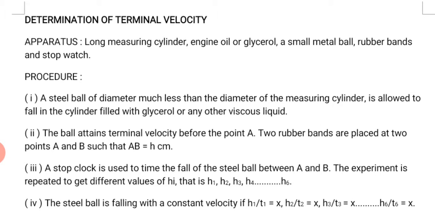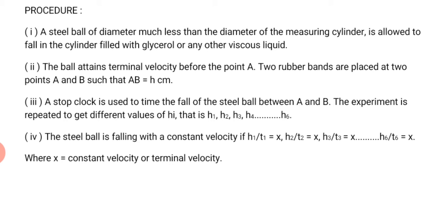Determination of terminal velocity. Apparatus: long measuring cylinder, engine oil or glycerol, a small metal ball, rubber band, and a stopwatch. Procedure. A steel ball of diameter much less than the diameter of the measuring cylinder is allowed to fall in a cylinder filled with glycerol or any other viscous liquid.